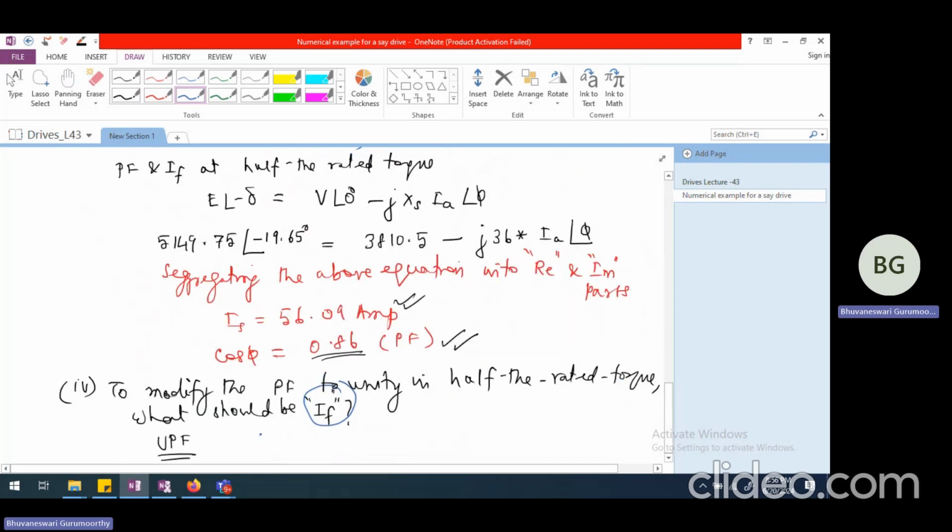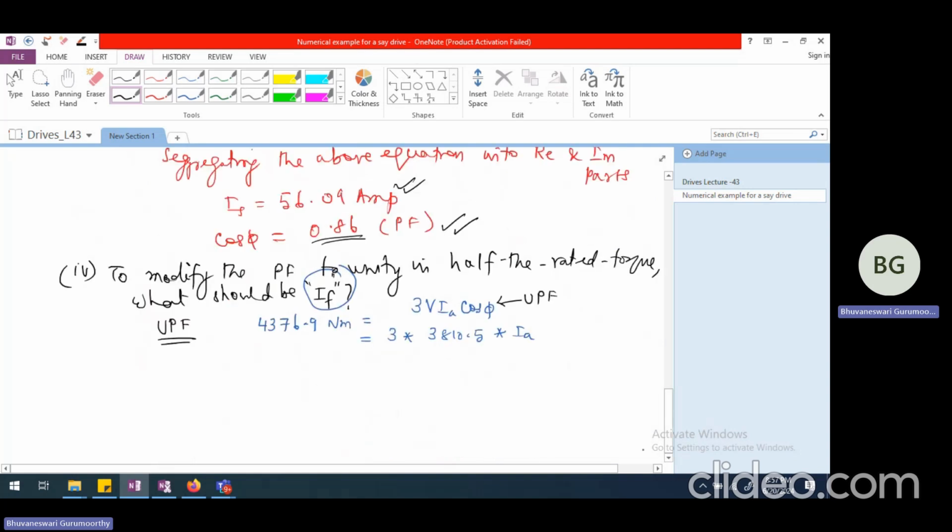So we can say 4376.9 Newton meter is equal to 3 V IA cos phi. So that is going to be equal to 3 multiplied by 3810.5 multiplied by IA, and cos phi is unity because we want it to be at unity power factor condition.